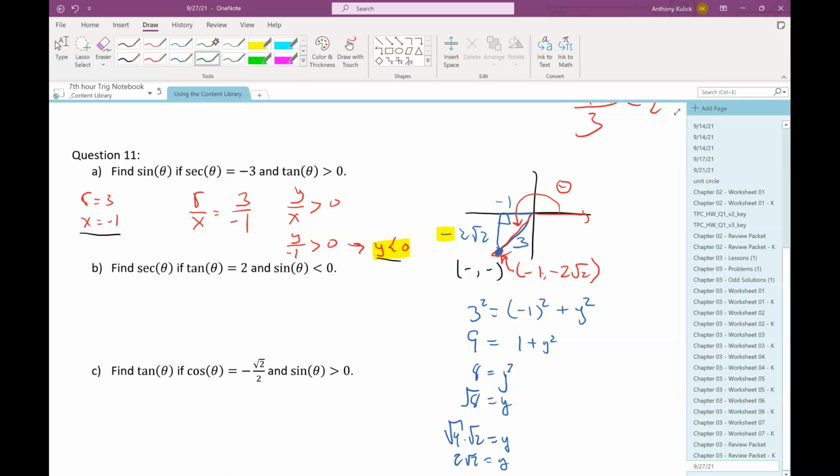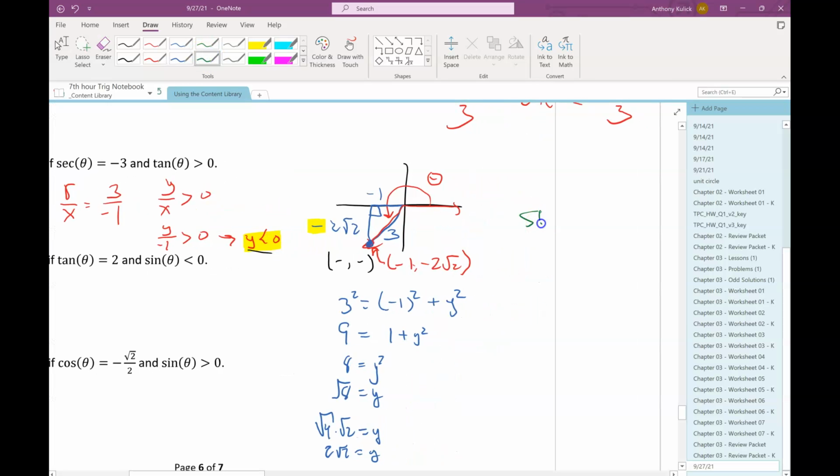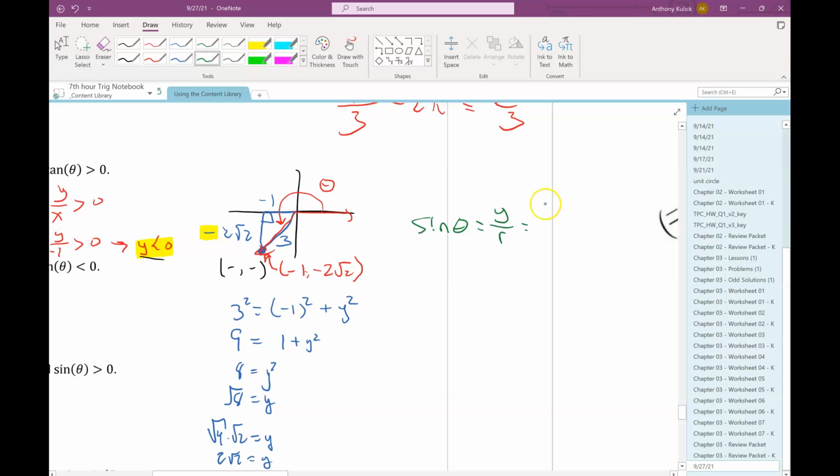Okay, so that was the hard part. Sine theta is y over r. So that's going to be negative 2 root 2 over 3. And I'm done. So once you get the picture, really you're just using the formula and spitting out your answer.